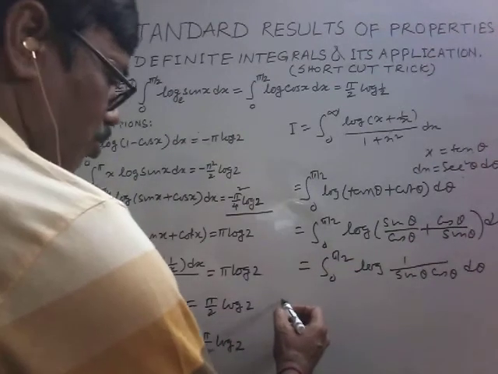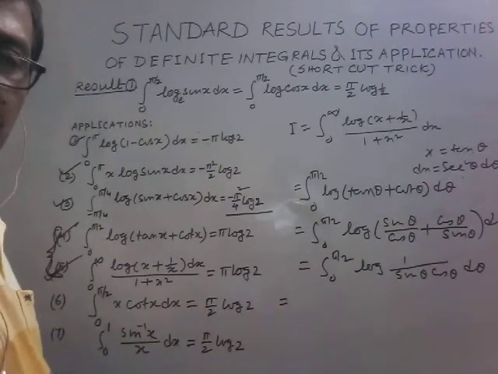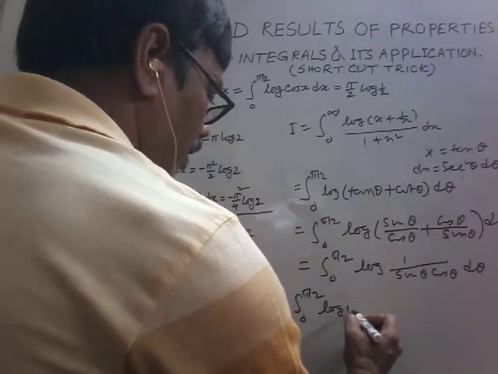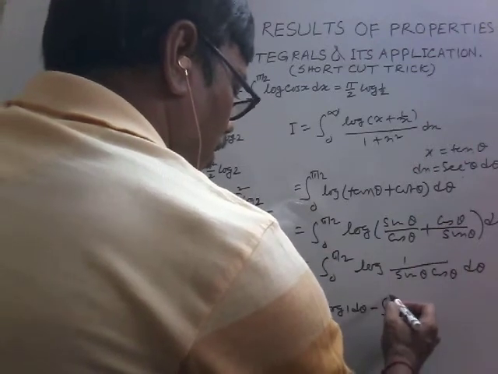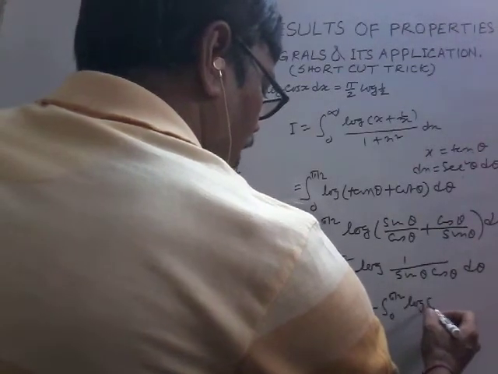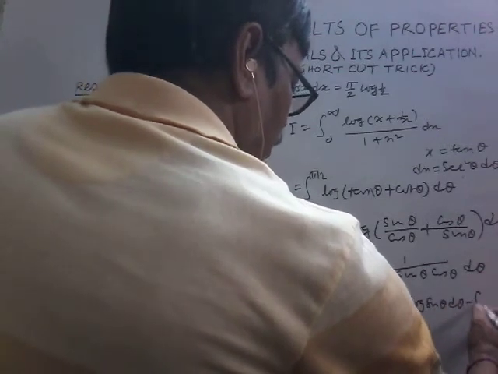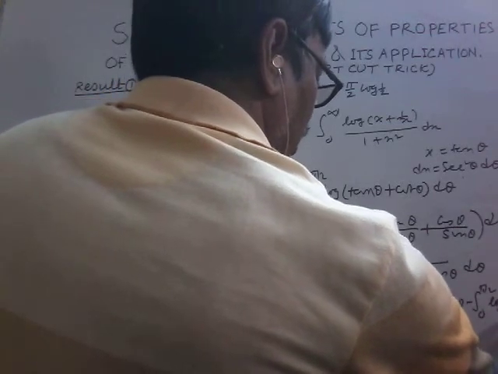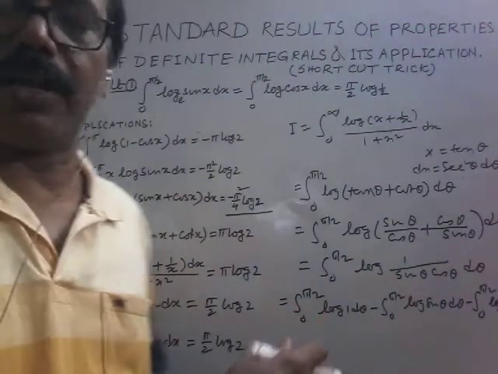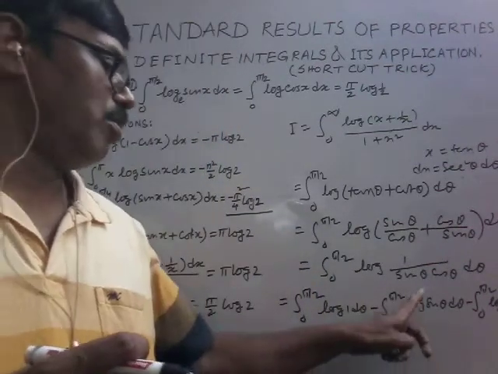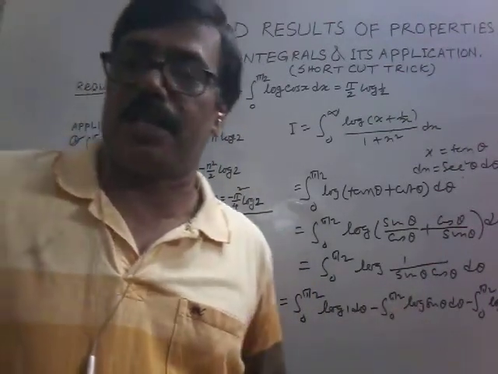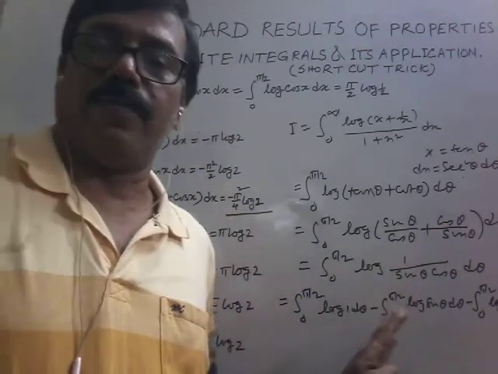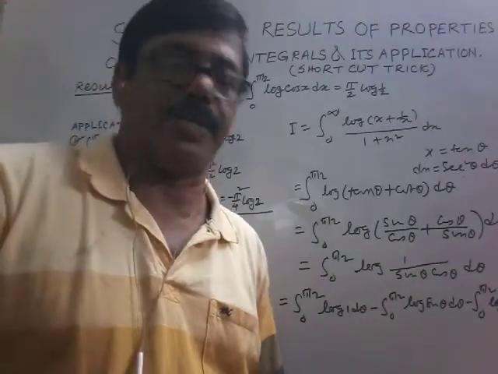Now this equals, again, 0 to pi by 2 log 1 d theta minus 0 to pi by 2 log sin theta d theta minus 0 to pi by 2 log cos theta d theta. Here, in mathematics, for log we always suppose that the base is e unless otherwise stated. We can use ln or log; if it is log, then also the base is e.